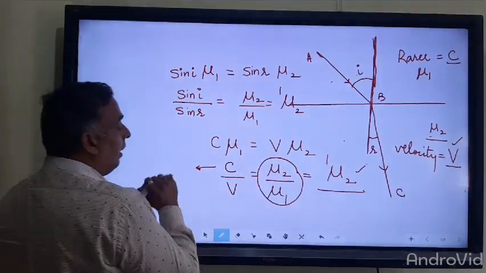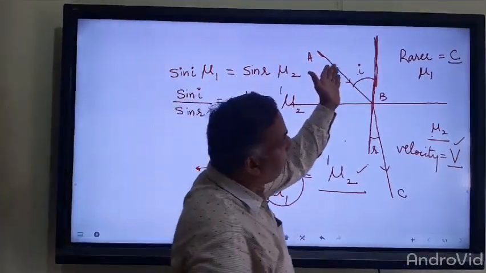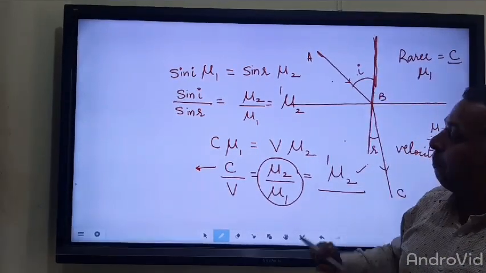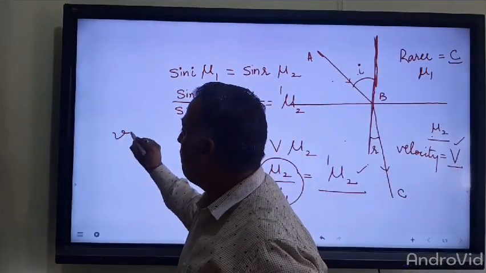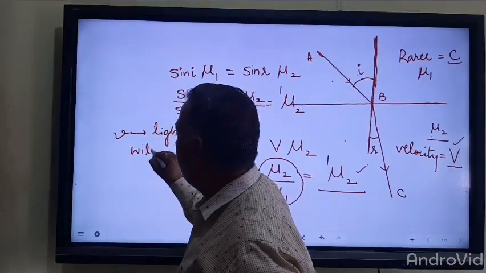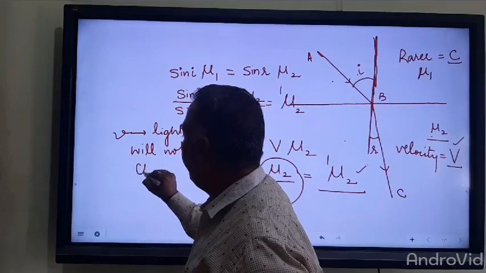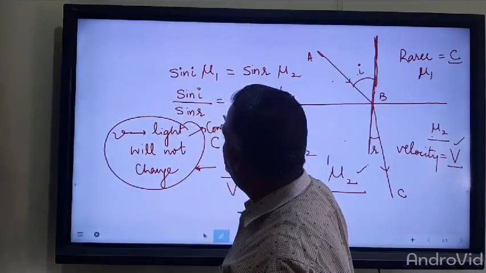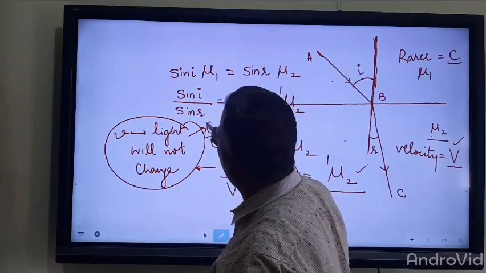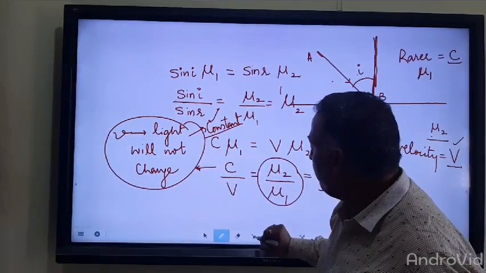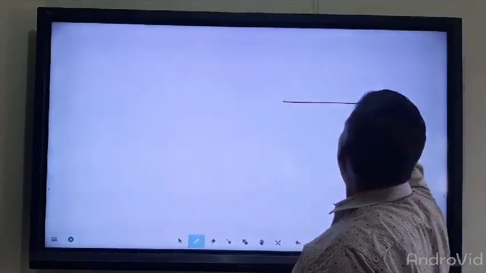Another point is, if the ray is going from the rarer to denser, its velocity changes, but the frequency of light will not change. Frequency remains constant. Frequency never changes when a ray of light goes from one medium to another medium. In this case, this was an interface.